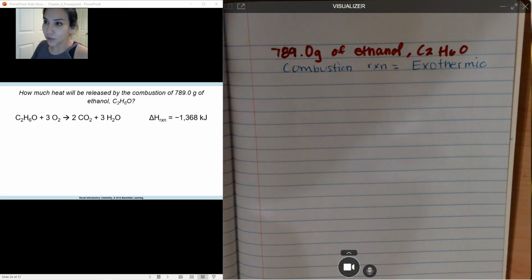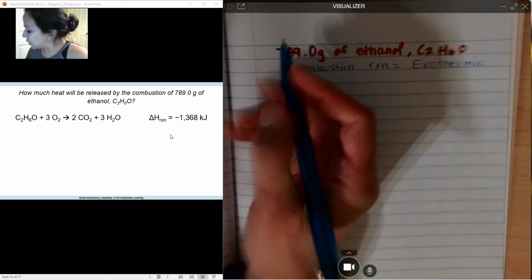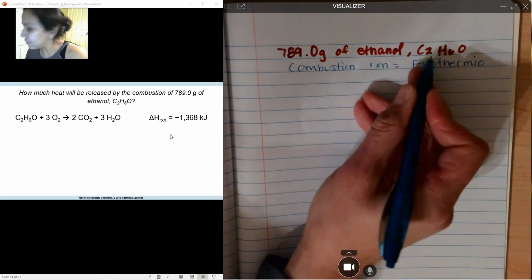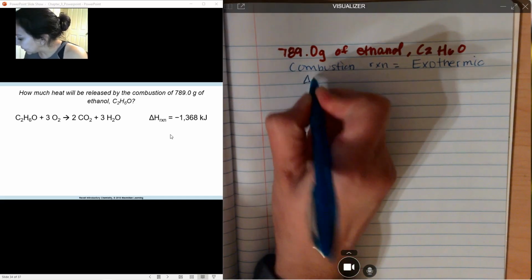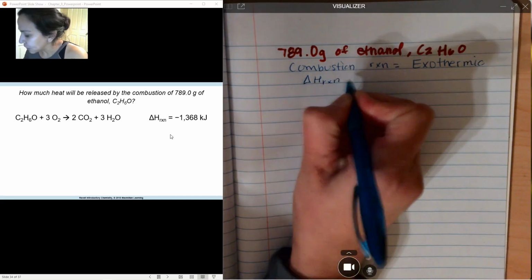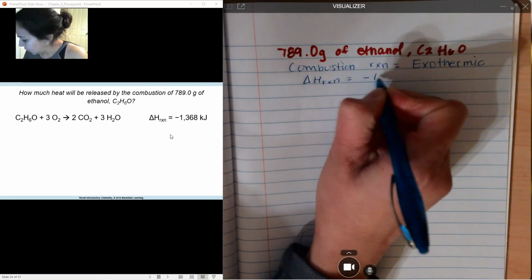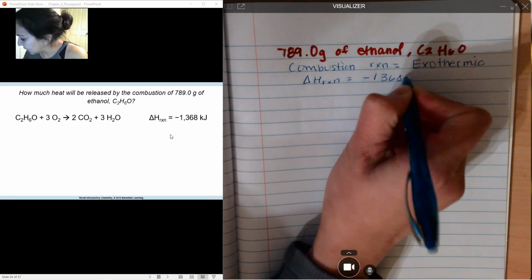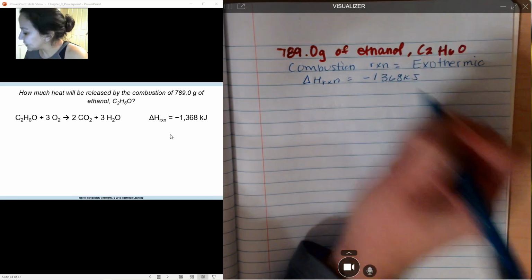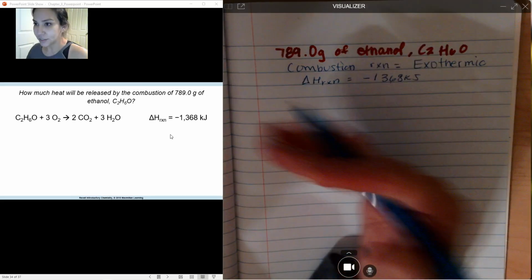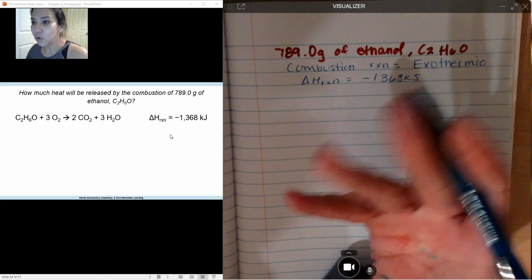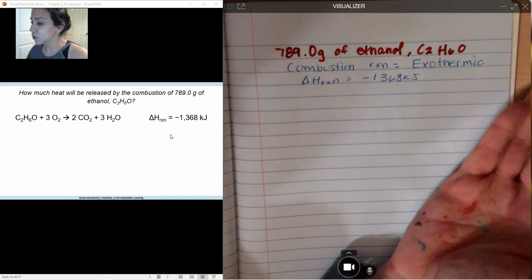Sometimes it won't tell you that. In this case, it already gave us our negative delta H value. So we're looking for Q of ethanol, the heat of ethanol. We know that the delta H of our reaction is negative 1,368 kilojoules. Remember, this is of the entire reaction and of the molar coefficients if you take them into little pieces.